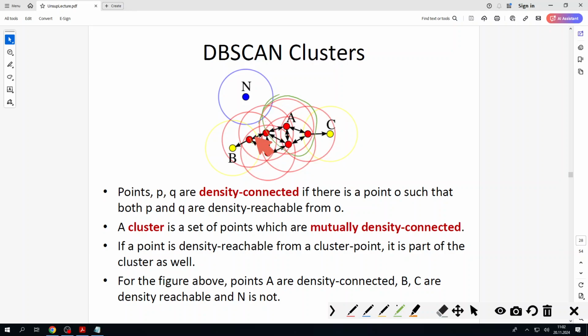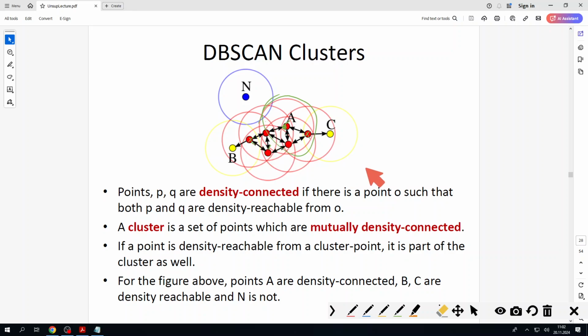Then these 2 points can be considered as density connected through this point. So they are not necessarily directly connected, so that's a little bit wrong. But they have one common point, so they connect to each other through an intermediate point, which are this density reachable, and this density reachable.